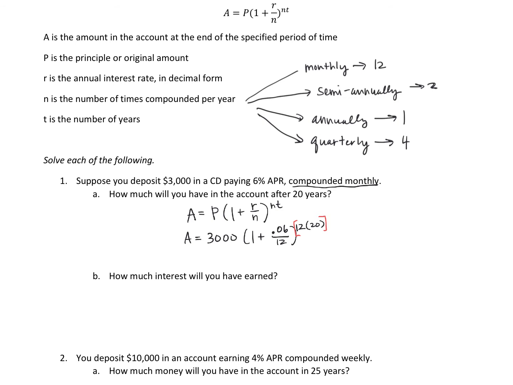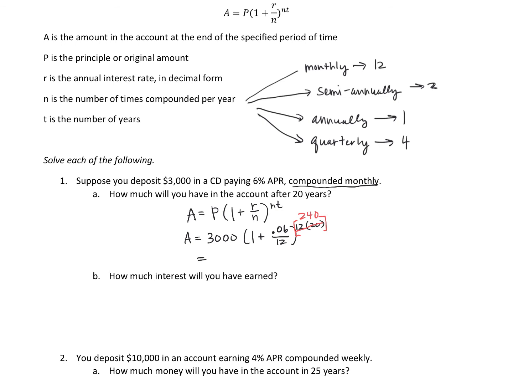So if you just go ahead and do 12 times 20, you'll see that that's 240. And so instead of putting that, you can just put 240 as your exponent. That will save you a lot of errors. You need to make sure you do what's in the parentheses first, then raise it to the 240th power, and then multiply by 3,000 in order to get the right answer if you're not able to plug it all in at once.